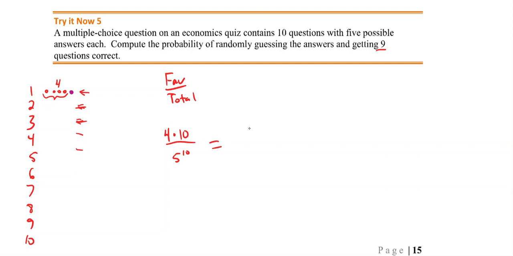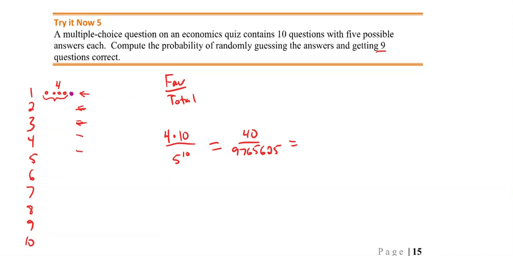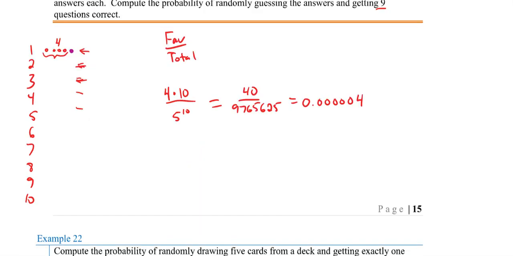So this would just be 40 over, yeah, big number, 9,765,625, which is, we'll just round that to 1.